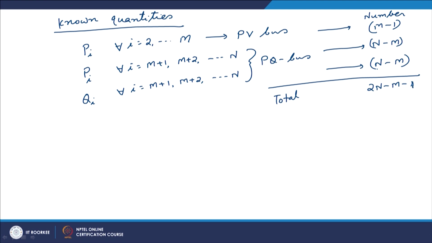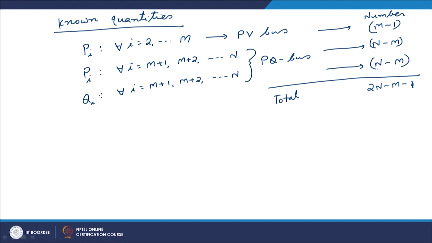Therefore, the total number of known quantities is 2n minus m minus 1, and the total number of unknown quantities is also 2n minus m minus 1. So this is solvable. Now, the question is, how do I solve it?